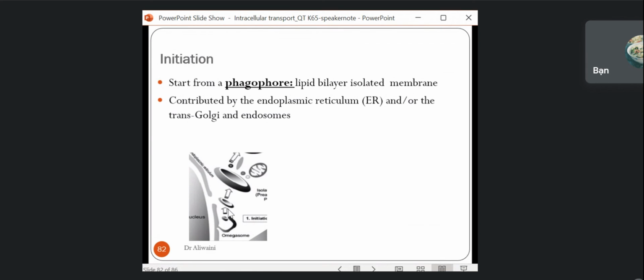So a membrane from the ER or the Golgi apparatus or endosome will develop and surround the component here. They call it the omegasome first. That is the first step, when the membrane developed from the ER or Golgi or endosome surrounds the cytosolic component to make the omegasome.